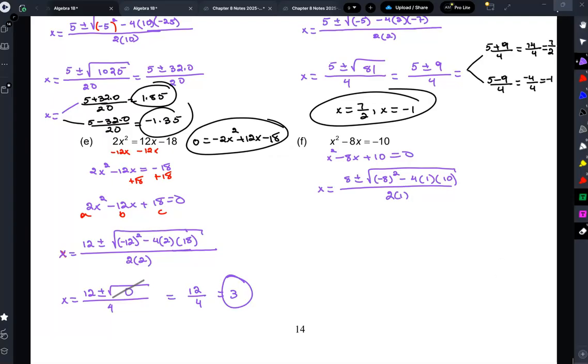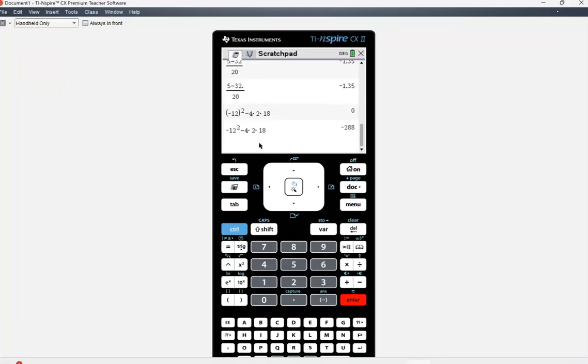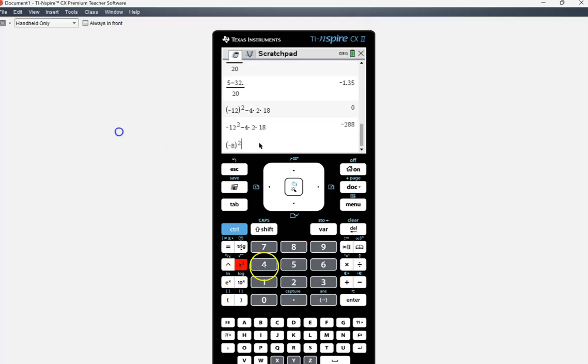So this is going to be 8 plus or minus the square root of something over 2. Let's see what that something is. So it's negative 8 squared minus 4, oops, 4 times 1 times 10, which is 40.